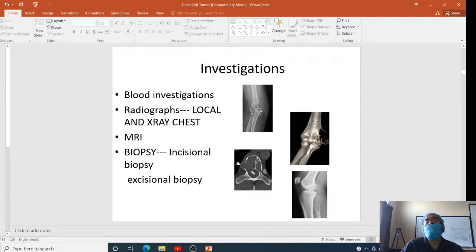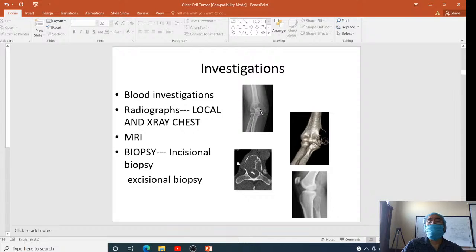Epiphyseal, expanding, eccentric. Eccentric means to one side. So this is the center of the bone, but this is to one side. And expanding, so the bone has ballooned out. Lesion in the epiphysis. And encapsulated. You can see the capsule inside.